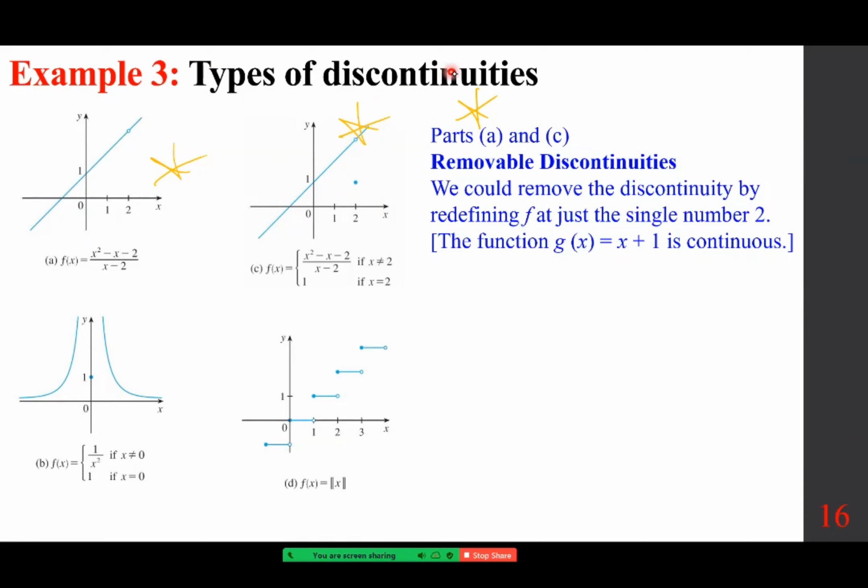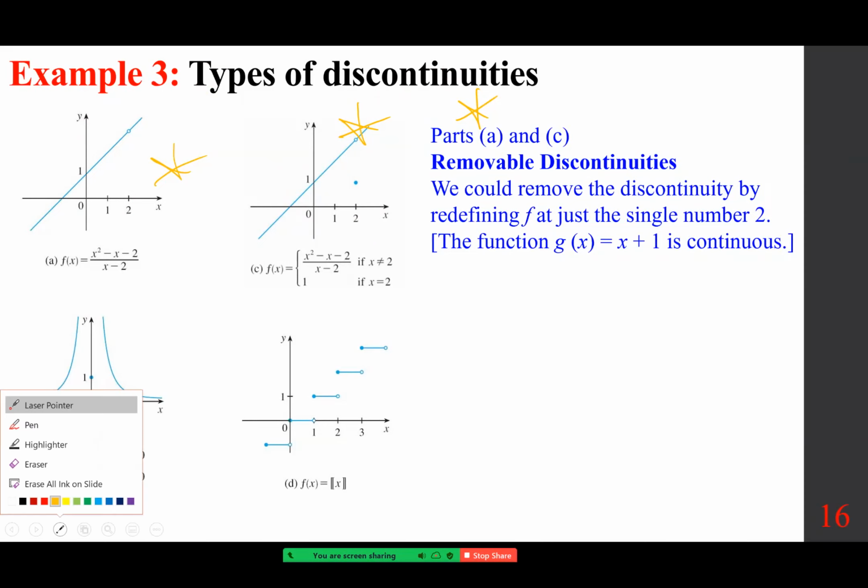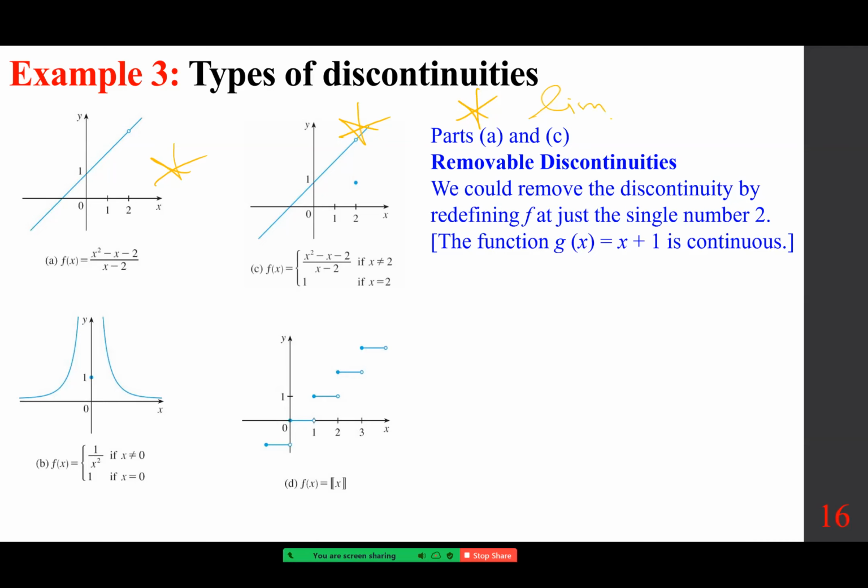In other words, we just have a different functional value, or the functional value doesn't exist, but the limit does exist. So in this case, the limit of f of x as x approaches 2 exists.